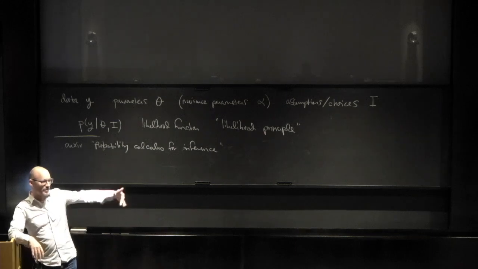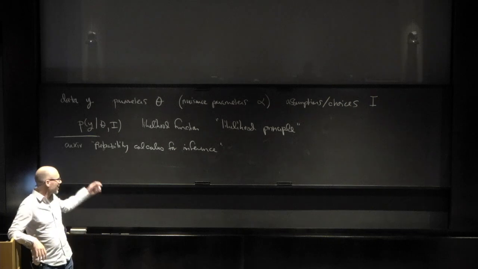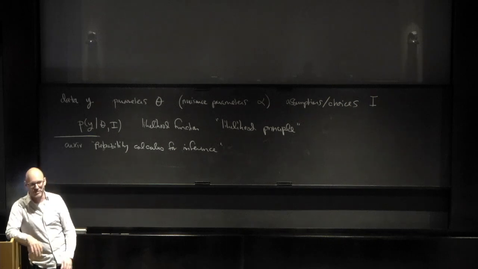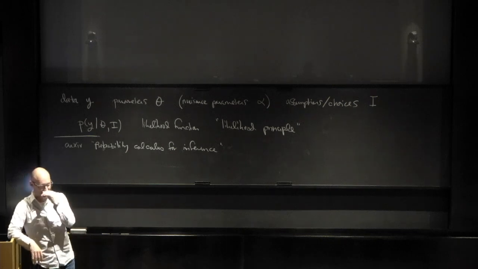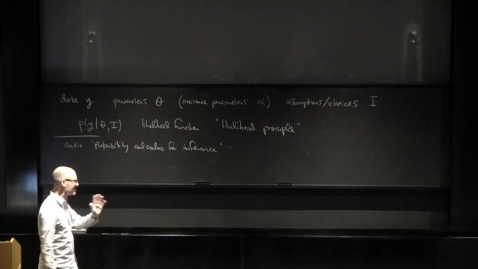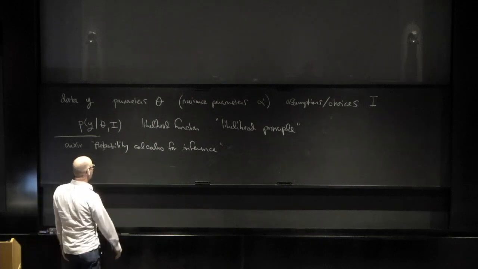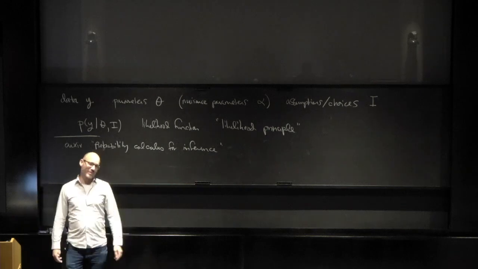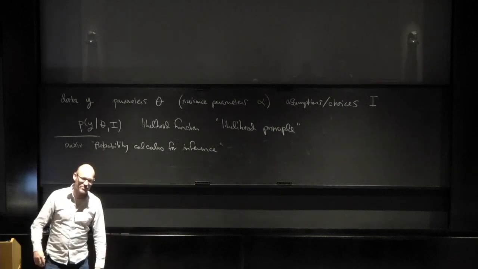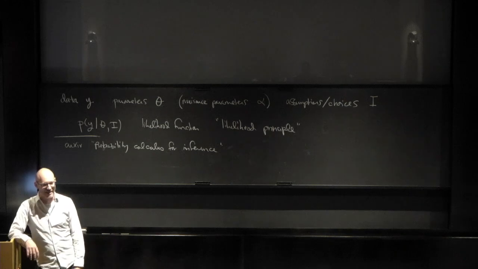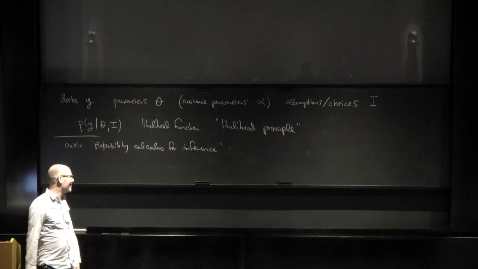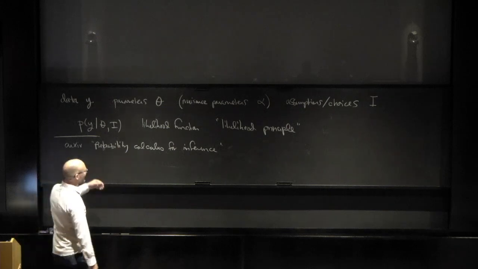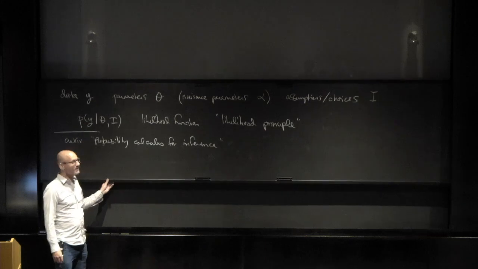So if you want to refer back to something, just look on the arXiv for probability calculus for inference. It straightforwardly walks through the rules. It's not written that great. There are some confusing bits, but one day I'll update it. I also have something called fitting a model to data, which is 55 or 60 pages about fitting a straight line. So if you have trouble sleeping, this is a little bit less insane.